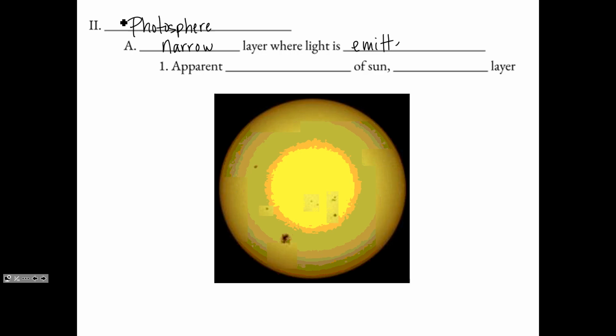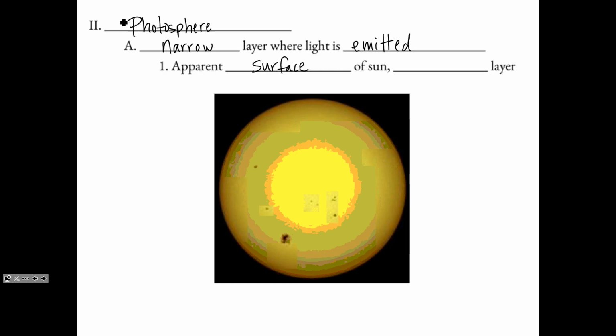That might sound kind of weird. You might think, oh, the whole sun shines. But below this layer, the gas, the plasma of the sun, is opaque to light. Light can't get through. And so this is the first layer where light is released. That's why we think about it as the surface of the sun.